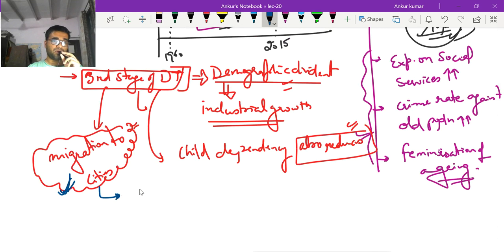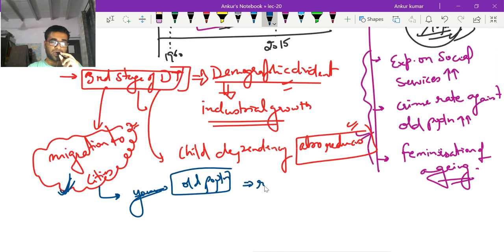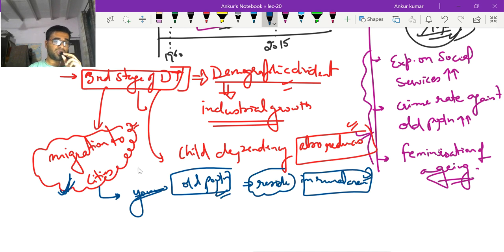So the old population resides in the rural areas, and they suffer from all kinds of problems, whether it is alienation, psychological distress, the condition of medical help, crime rate, feminization, etc. So this is basically the main negative effect when population starts migrating to the cities, jettisoning agriculture activities.